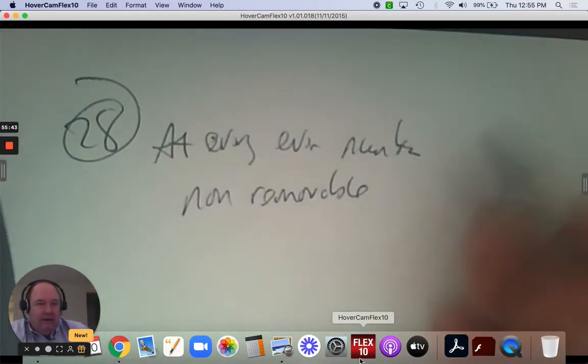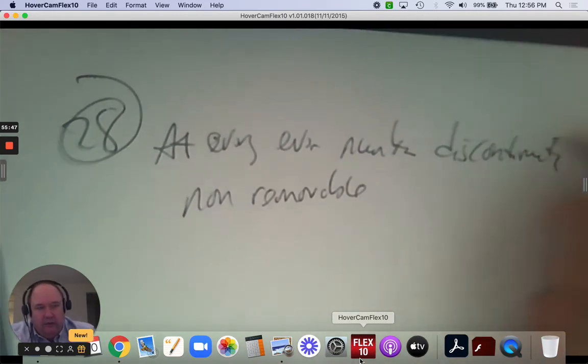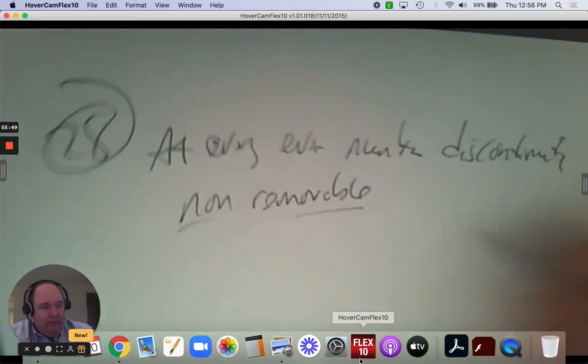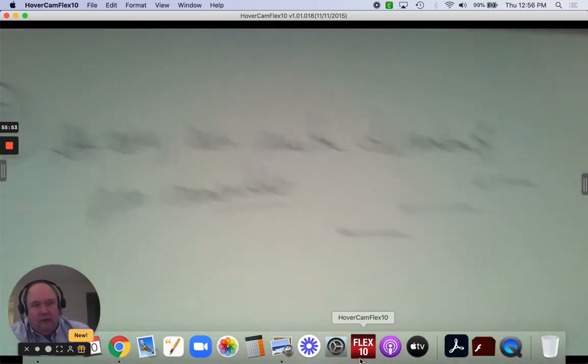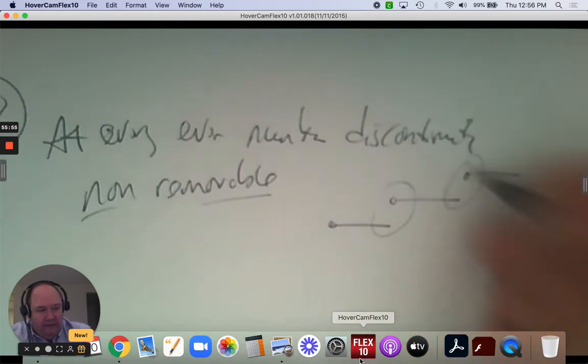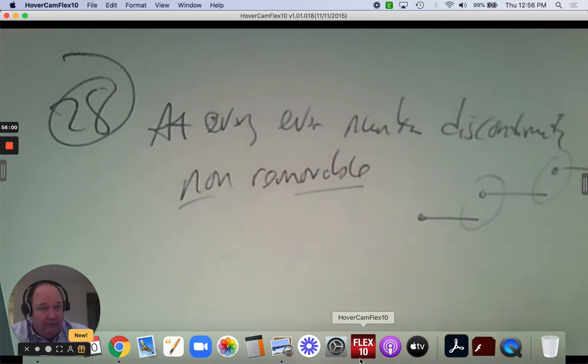Do you remember the step function that kind of looks like this as you would graph it? At every step, because the limit doesn't exist, it's non-removable.